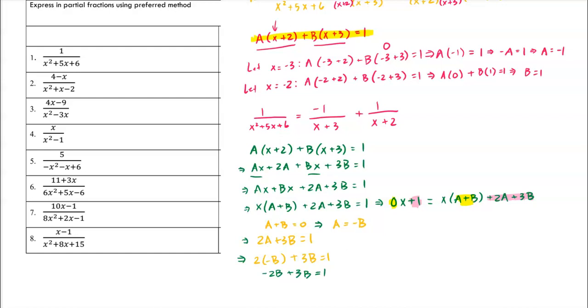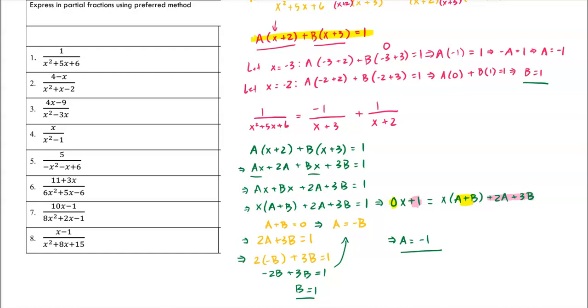Okay, and then that would be b equals 1. Isn't that what we got earlier? Yes. And then when I put it back in, this implies that a equals -1. Same thing.